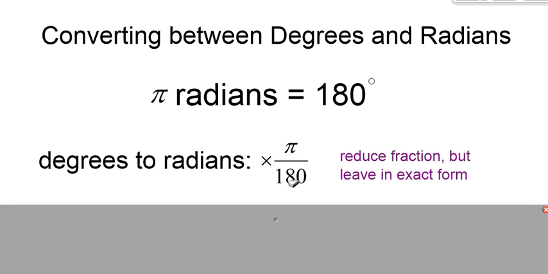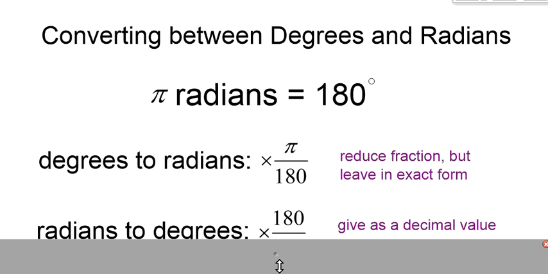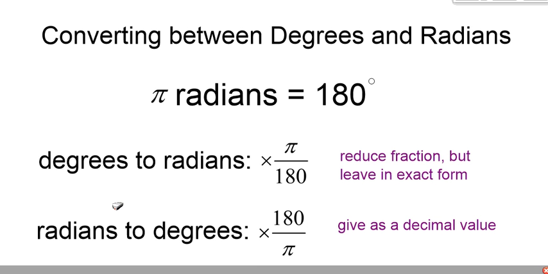Because this conversion ratio is really the number 1, because pi radians is 180. But what it's doing is introducing radians on top and removing degrees. And that will convert us between degrees and radians. And then if I want to go the other way, to convert from radians to degrees, I take this conversion and flip it upside down, so I introduce degrees and remove radians.